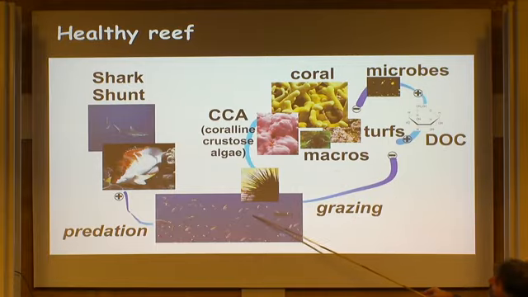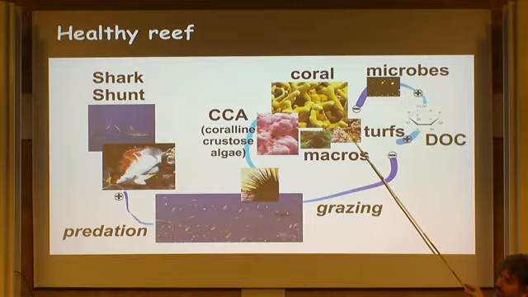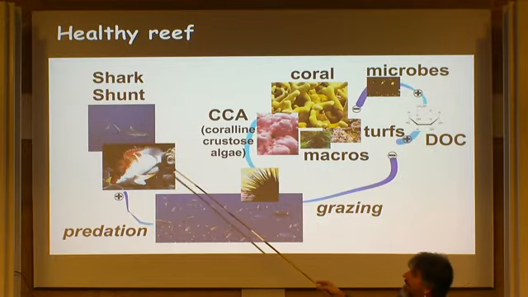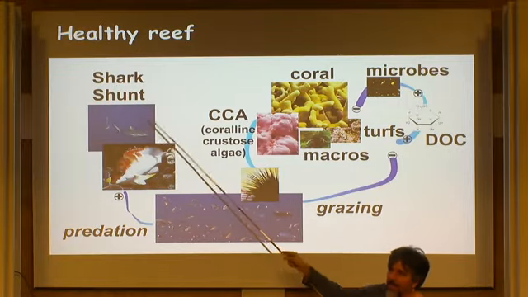And the guys that do the chewing are mostly, at least in our system, fish. There's of course sea urchins also, but fish and little invertebrates come down and they chomp on the turf algae for the most part. And some of them suck the slime layers off the CCA. And then these guys almost immediately get eaten by these guys, which then get eaten by these guys.